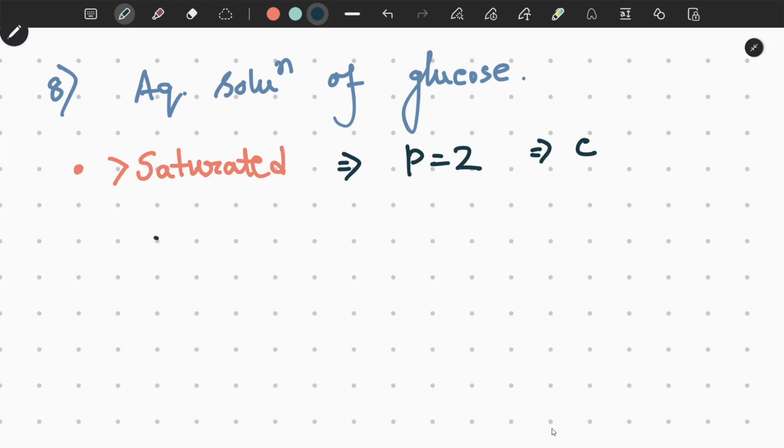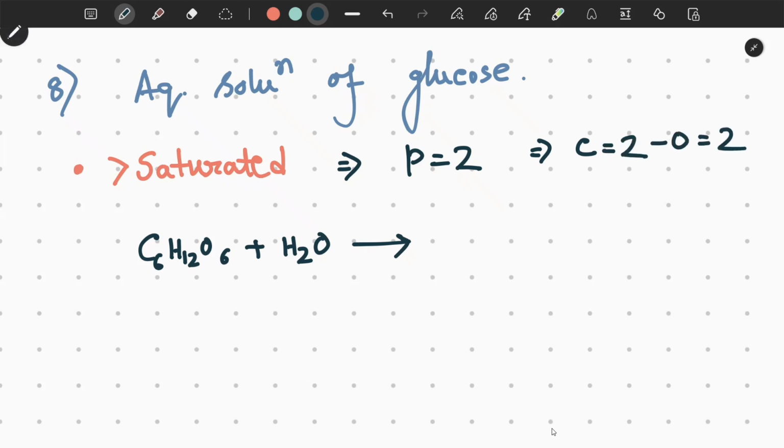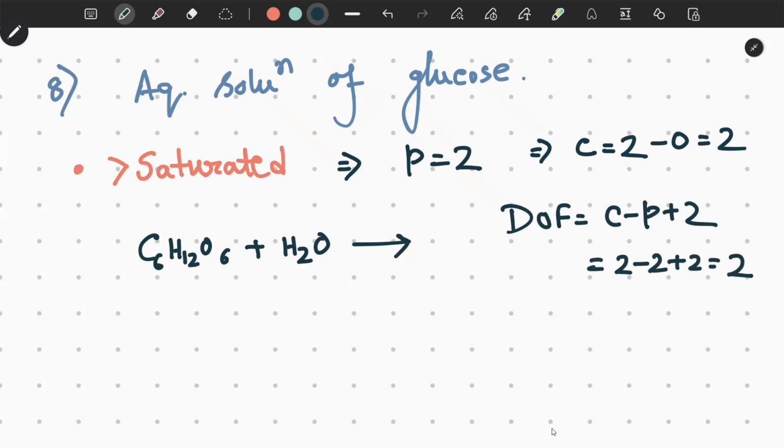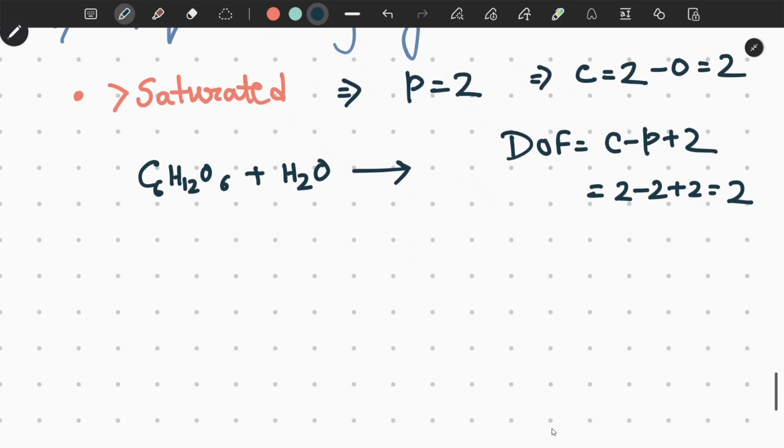Glucose is C6H12O6 and H2O. We are not considering the reaction. After all, if you consider reaction, then also the components will not be changed. That is now clear. Okay. So for simplicity, it will be this. So degree of freedom 2. What was your answer? Same.